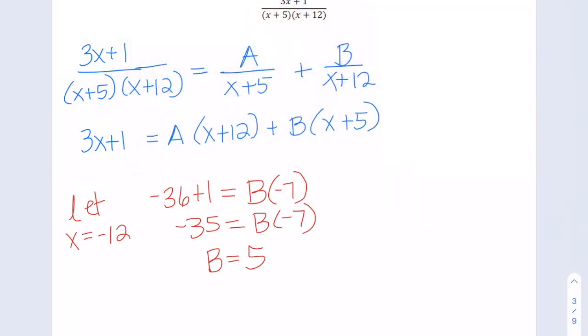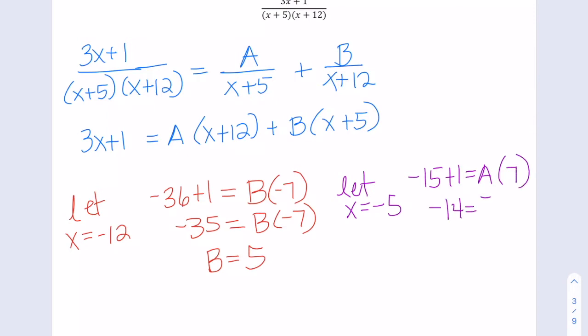All right, to cancel out b, we need to let x equal negative 5. So that's going to be negative 15 plus 1 equals a times positive 7. So this is negative 14 equals 7a, so a equals negative 2.